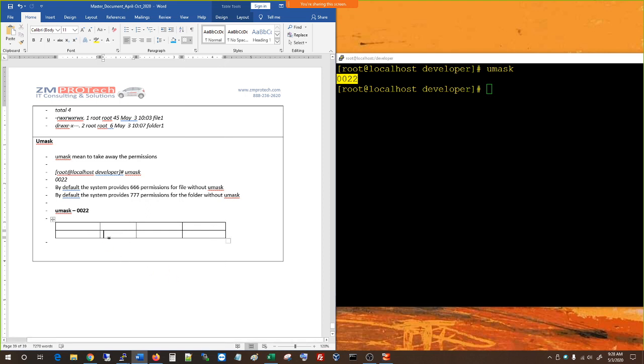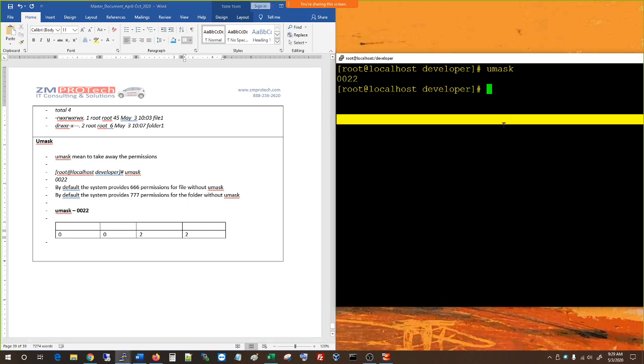I'm gonna put down here 0, 0, 2, 2. Let's start from backwards. What is the very first position on the right for permissions? Others.